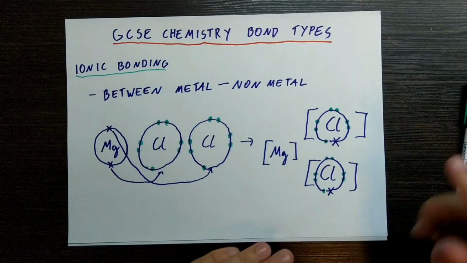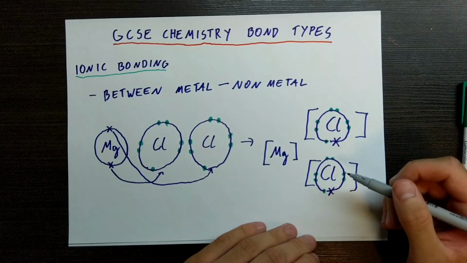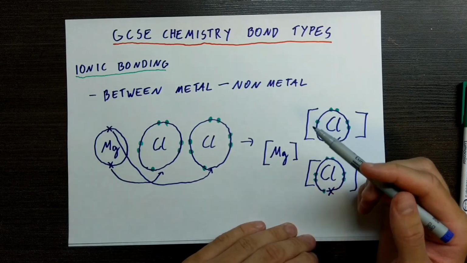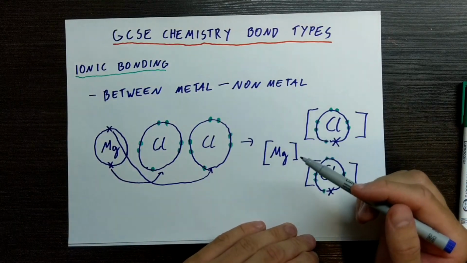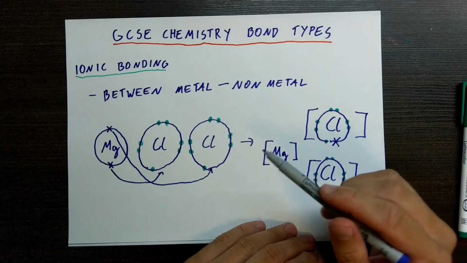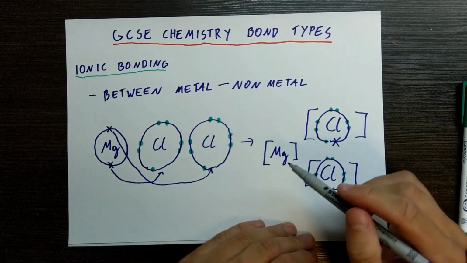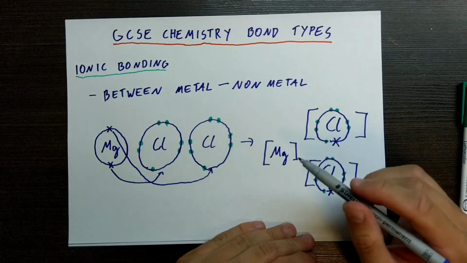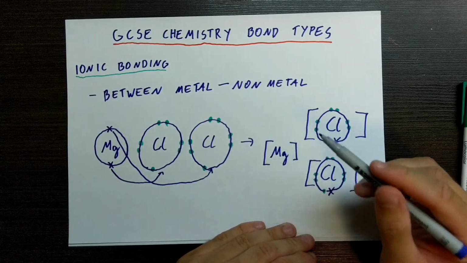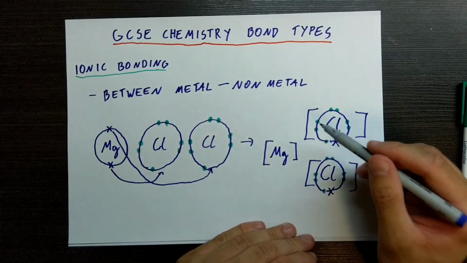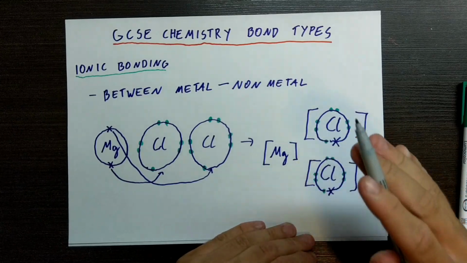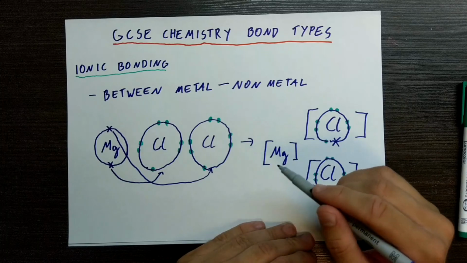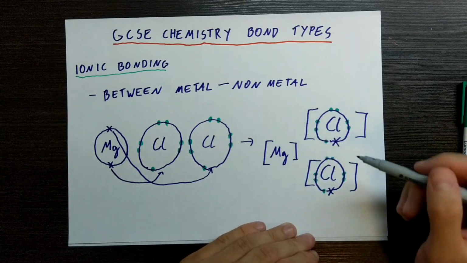However, what happened here? If we go back to the balance between protons and electrons, we said that these atoms have the same amount of protons as they do electrons, in order to have a net charge of 0. Electrons are negative, protons are positive, and they balance out to give us a net charge of 0.